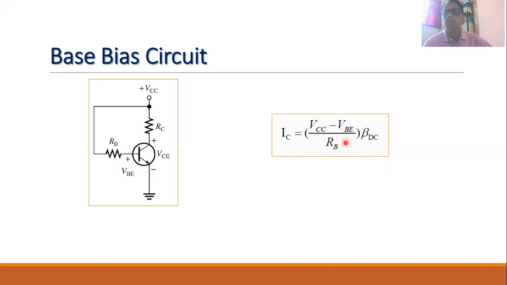And we know that the collector current IC is IB into beta. Therefore, IC is equal to IB into beta, where IB is equal to VCC minus VB divided by RB. So this is the simplest way by which you can calculate the collector current of this transistor.